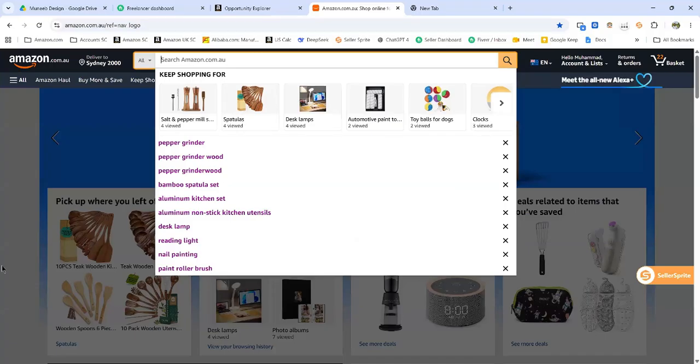So basically, an idea can be from anywhere, but obviously, it's not that we like a product and we just launch it. We have to verify it. We have to check profitability. We have to run through all the checks of whether the product is viable or not for us.